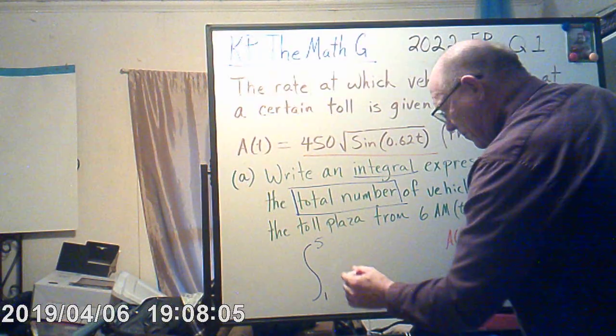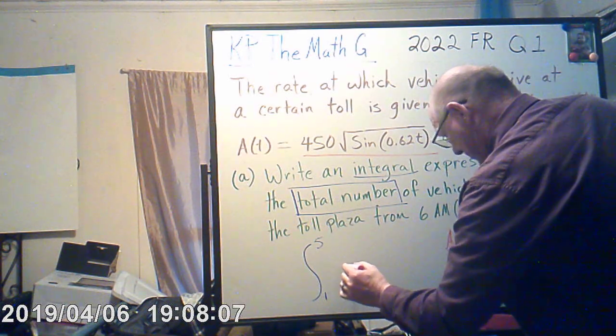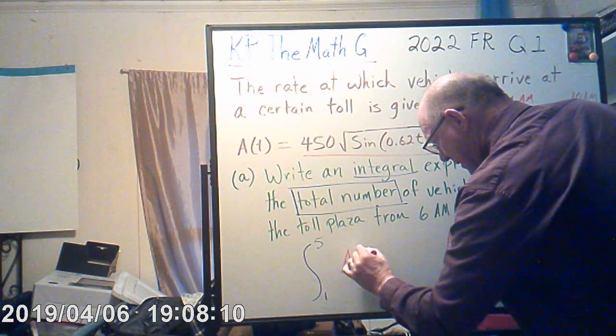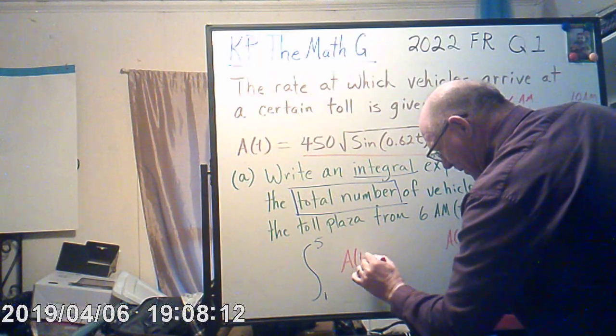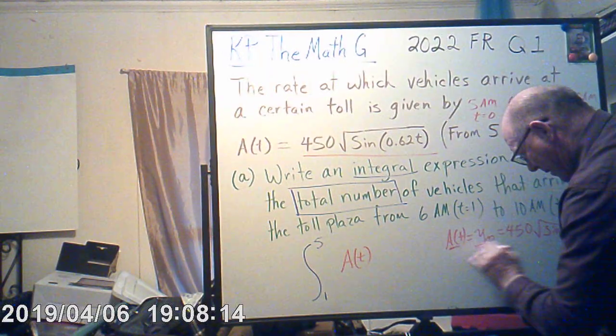Now you can just simply say A of t or y at 0, either one will do, because you're saying that these are equal to each other.